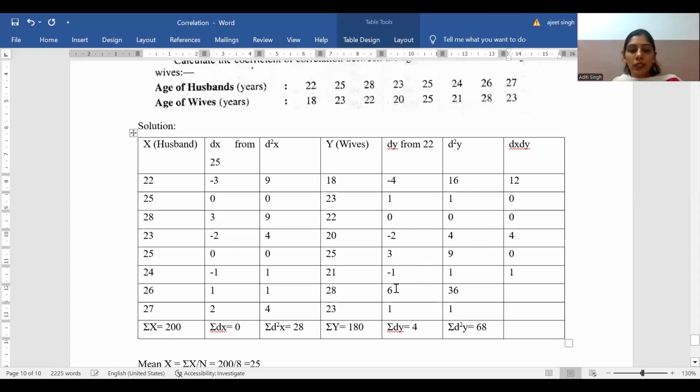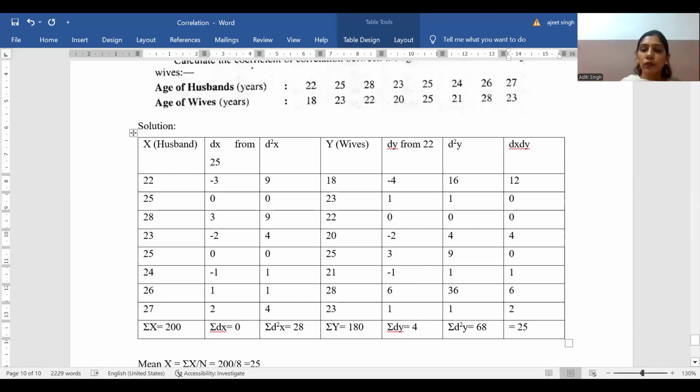And 6 into 1 is 6. And 1 into 2 is 2. Okay. So the sum is equal to 12 plus 4 plus 6 plus 2 plus 1. It is 25.